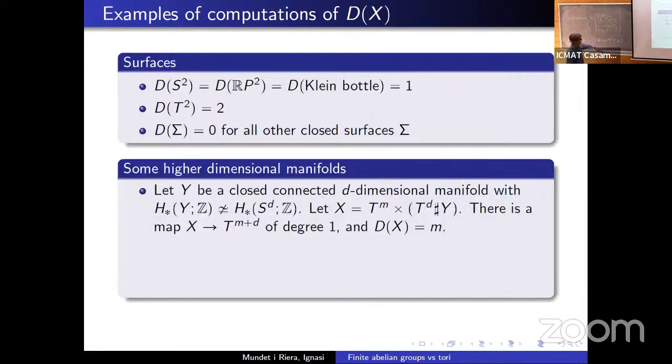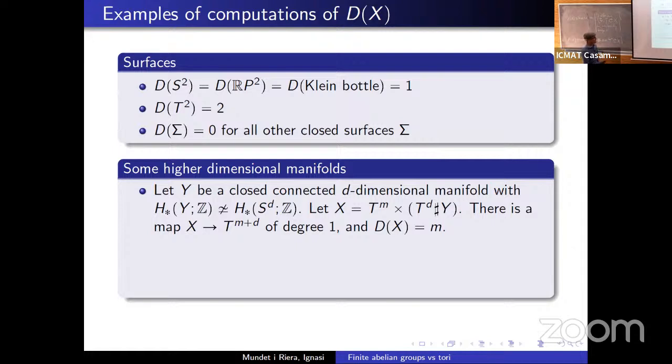We can also compute the invariant for higher dimensional manifolds. For example, if you take Tm times Td connected sum with a manifold Y, which has homology non-isomorphic to the homology of the sphere, then this manifold, by the way, is an example of a rationally hypertoral manifold, and d of X is equal to m.